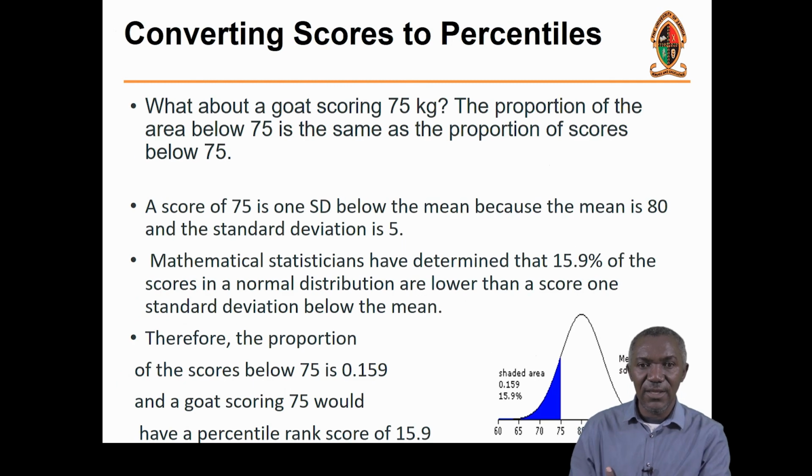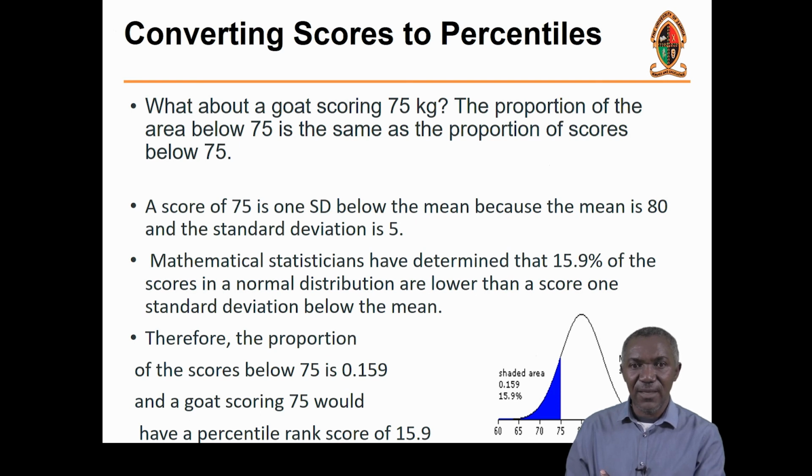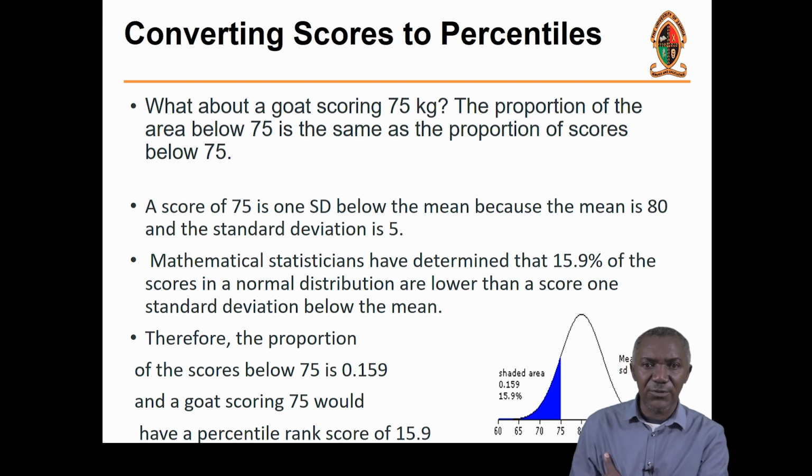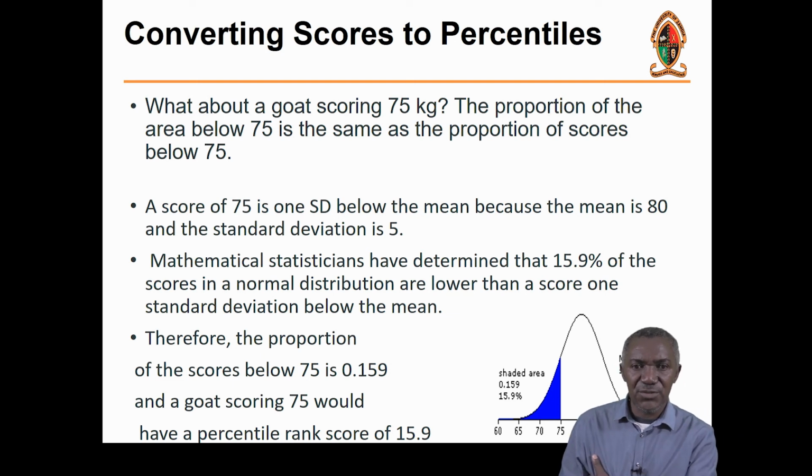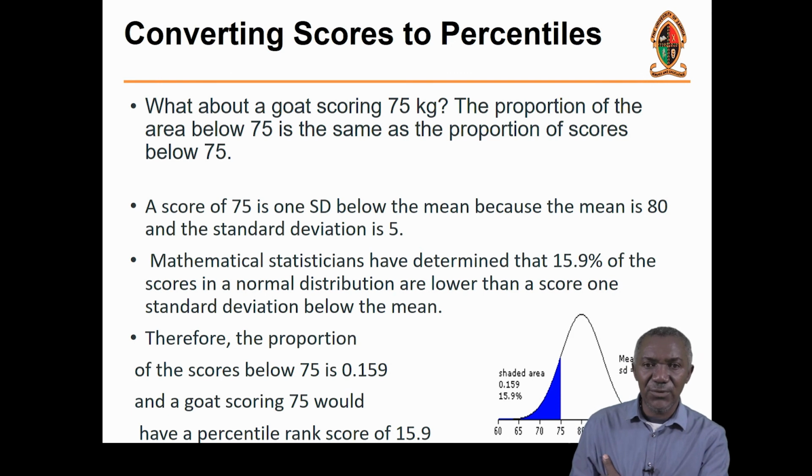Okay, so what about a goat weighing 75 kg? The proportion of the area below 75 is the same as the proportion of scores below 75. So in this case, we do the same thing.